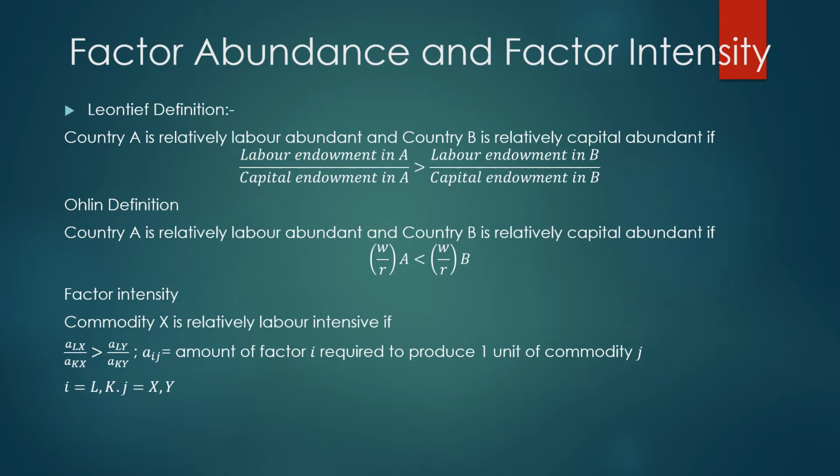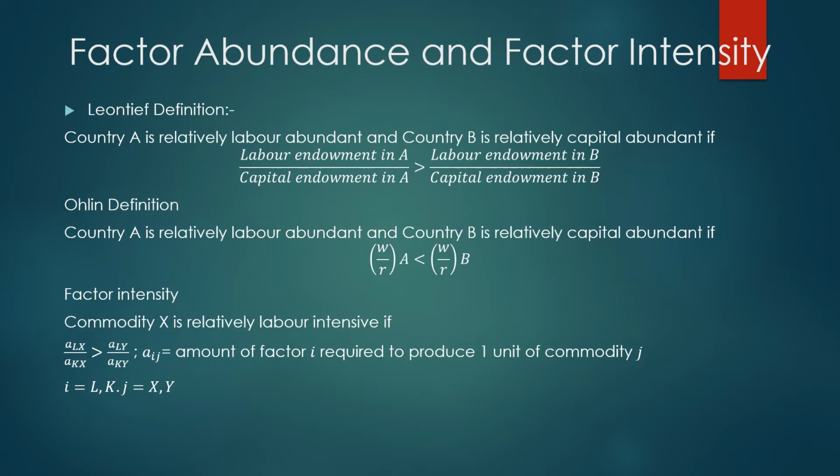So here in our slide, A is a relatively labor abundant country and B is a relatively capital abundant country. You see, the Leontief definition is a supply side definition. It considers only the supply side.